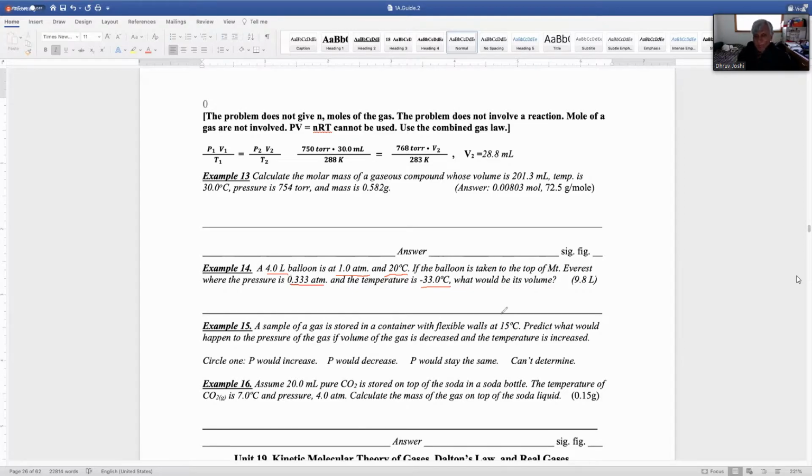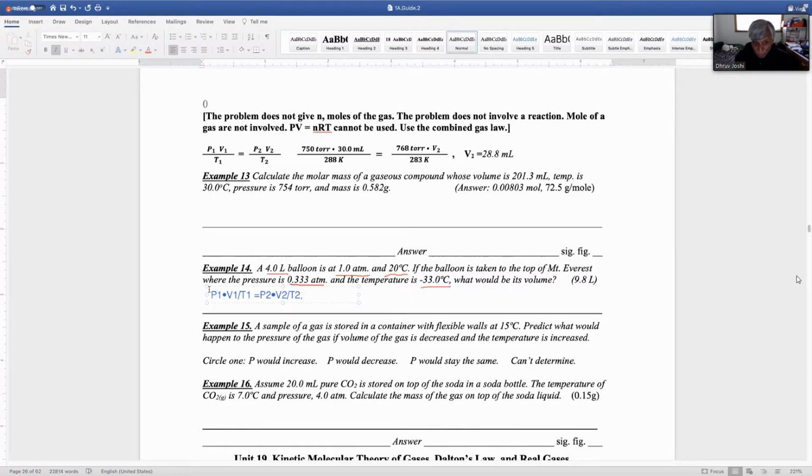So we write down P1, V1, T1 and P2, V2, T2. P1 multiplied by V1 divided by T1 equals P2 multiplied by V2 divided by T2.